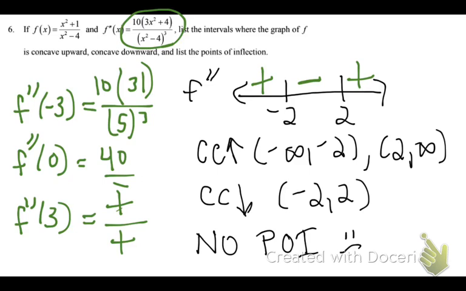It might help if you drew a vertical asymptote at negative 2 and 2 to help you remember that these are not possible points of inflection. They are just where the graph is undefined.